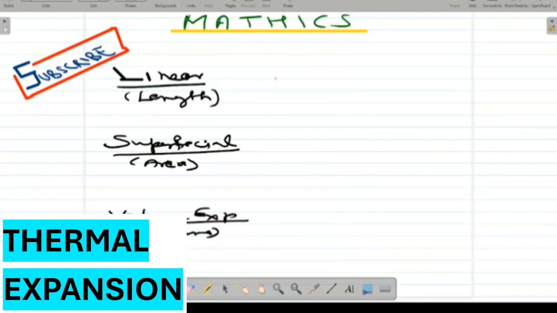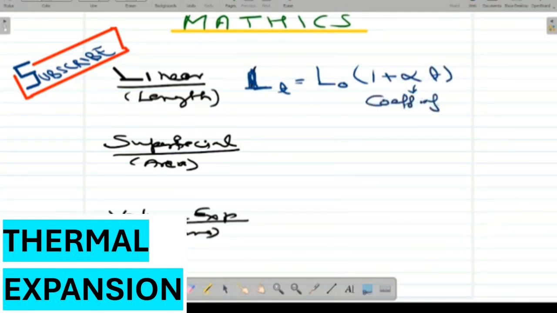There is a formula in thermodynamics where length at a particular temperature T can be correlated to length at 0 degree times (1 plus alpha T). You know what alpha is here, students? Alpha is the coefficient of linear expansion, right students?